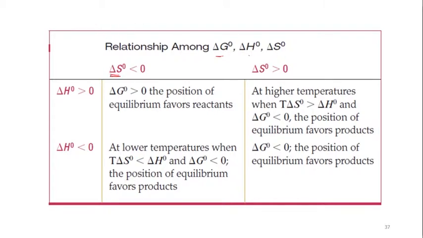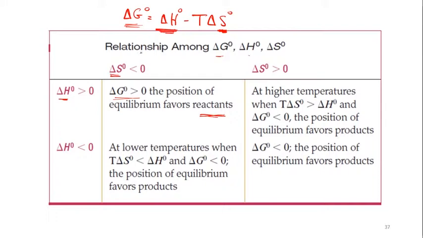If I have an entropy less than 0, but an enthalpy larger than 0, the Gibbs free energy, like we said before, is equal to the change in the enthalpy minus temperature times delta entropy. This means that with a large positive delta H, my delta G is larger than 0, and in that case the equilibrium would be favored in the direction of the reactants.